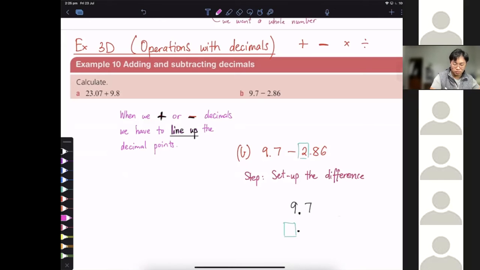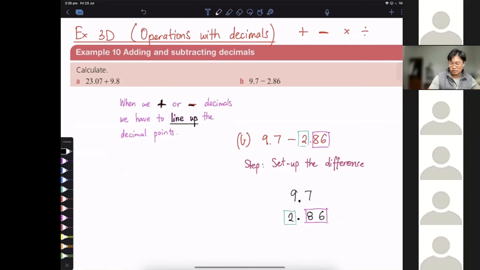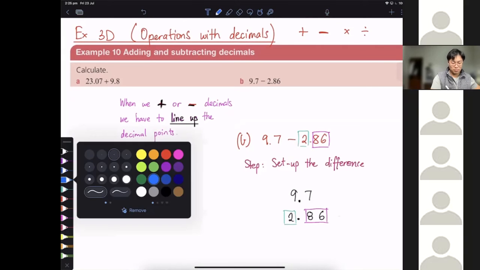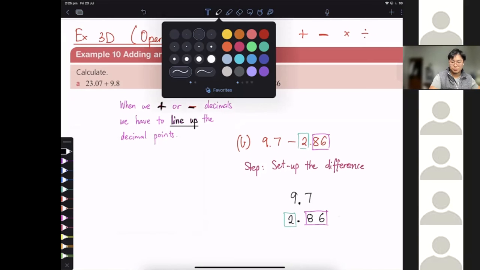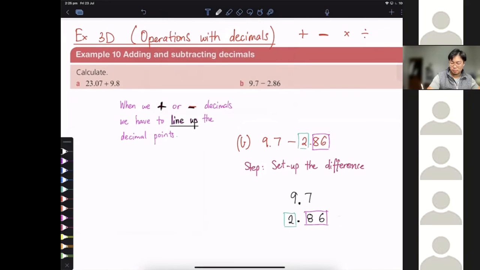And I'm going to put another box here on the right. So you can see where those numbers have to go. 2, we've got the 8, and then we've got the 6. Now see the gap up here at the top? I'm going to fill that in with a 0, so it looks nice.